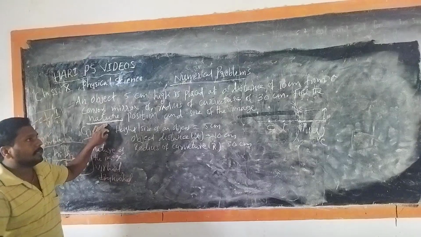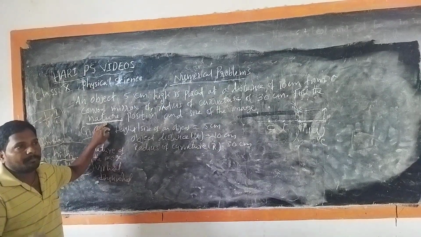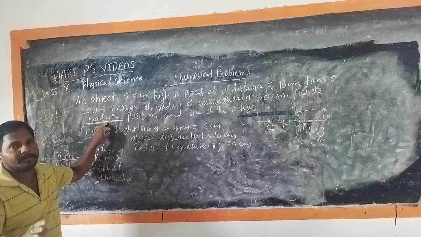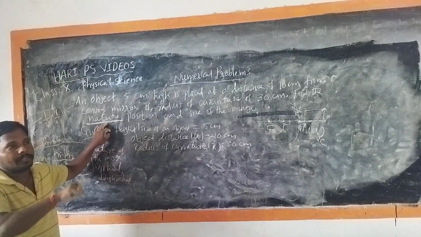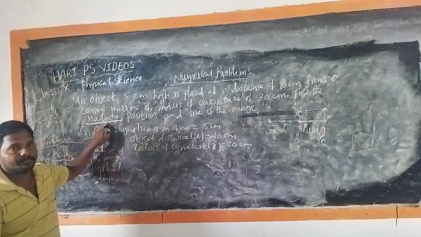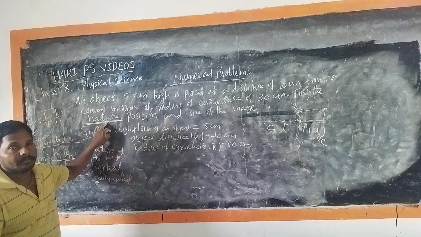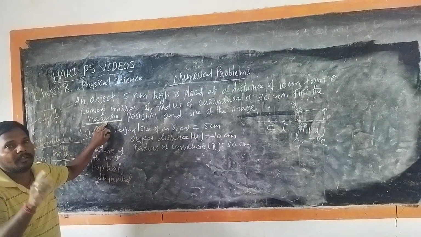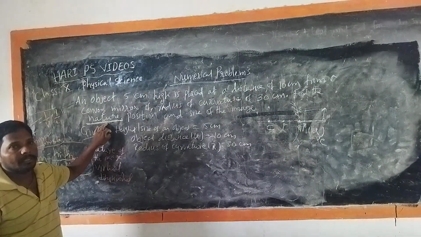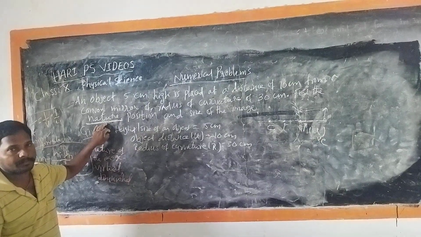So the image formed by a convex mirror is always virtual and diminished wherever the position of the object is. But in the case of a concave mirror, only if the object is placed between the pole and the focus does it form a virtual image; the remaining positions form real and inverted images.